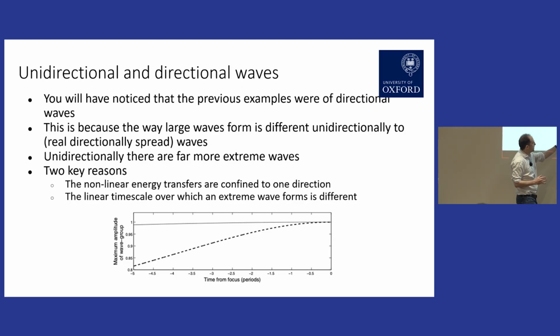The other reason is perhaps even more important. What I'm showing here, we'll work backwards. At this point, we've got a perfectly focused wave group, and for this example I've decided we're ignoring all the nonlinearity, because the nonlinearity is what we're adding on top of the linear analysis.